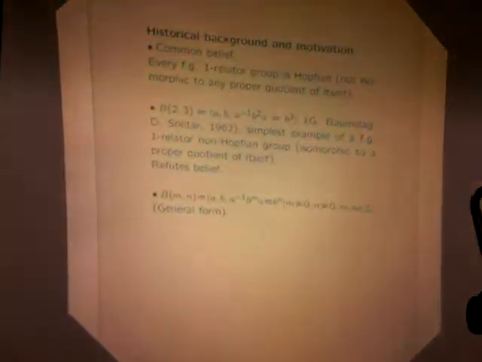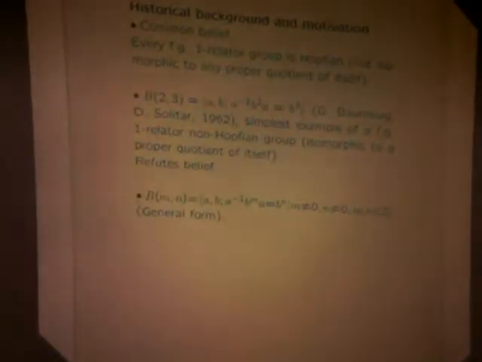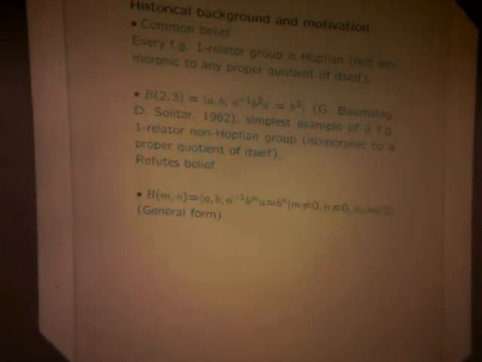Before I start, let me just give you some historical background and motivation. There was this common belief in the 50s and early 60s that every finitely generated one-relator group was Hopfian, that is, not isomorphic to one of its proper quotients.